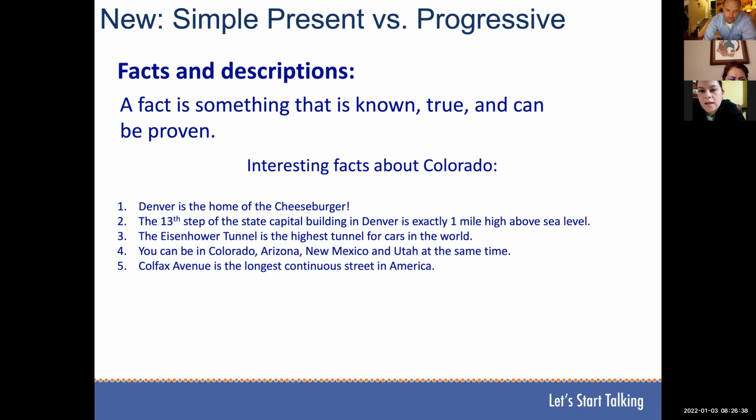Eisenhower is the highest tunnel for cars in the world. You can be in Colorado, Arizona, Nuevo Mexico, and Utah at the same time. Colfax Avenue is the longest continuous street in America. Very good.